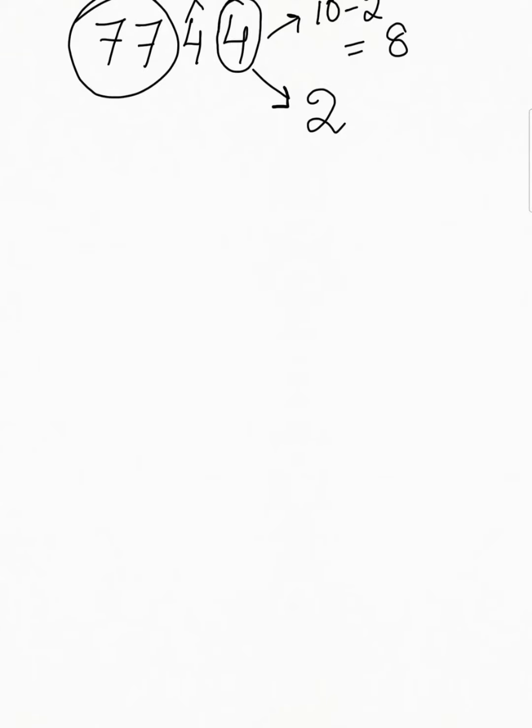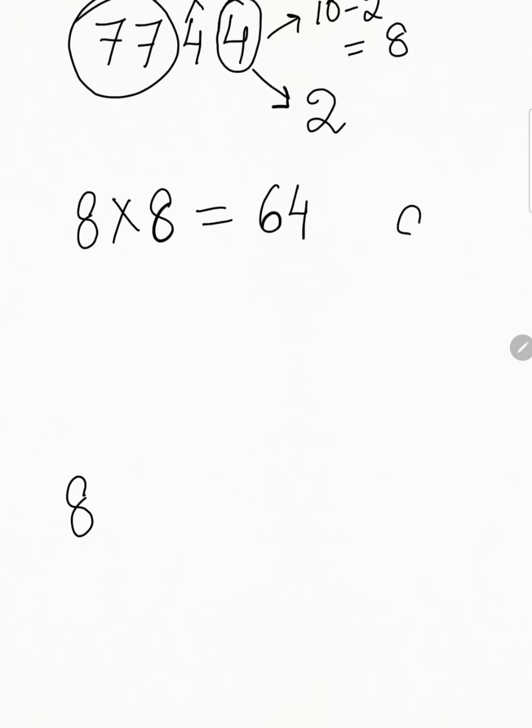So what we get is 8 into 8 is equal to 64, which is close to 77. So 8 is the first digit of our square root. Now to get the next digit, we multiply 8 by its successive digit, that is 9, and what we get is 72.